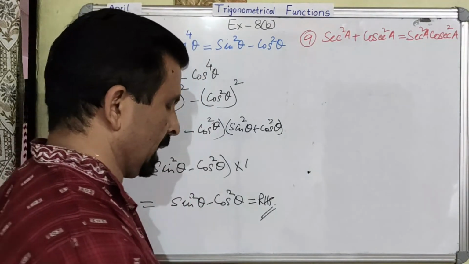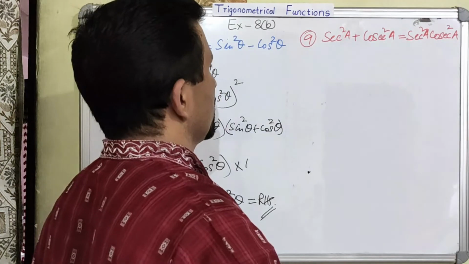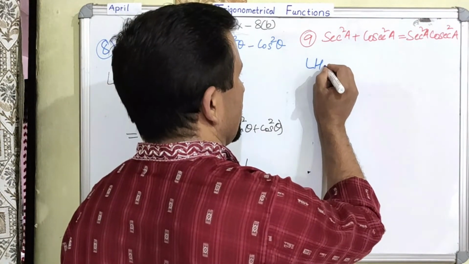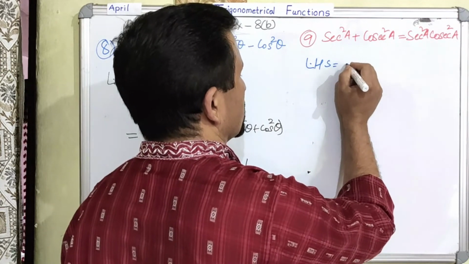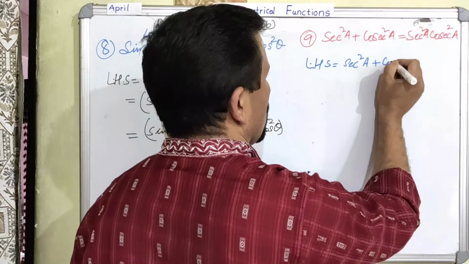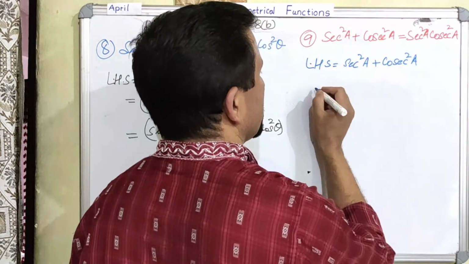So what I can do is, let me rewrite the left hand side. Left hand side is equal to sec square A plus cosec square A, right?